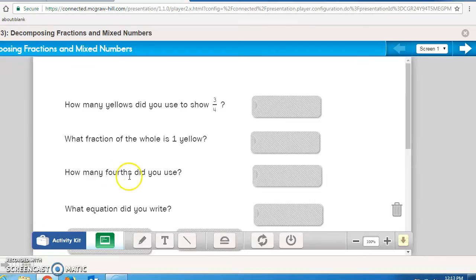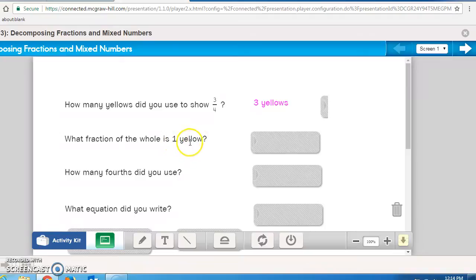How many yellows did you use to show 3/4? Well, if you did it correctly, 3 yellows would equal 3/4 because 3 yellows covers 3 out of the 4 sections. What fraction of the whole is 1 yellow?